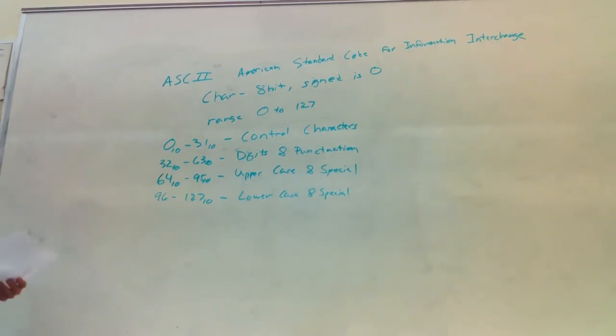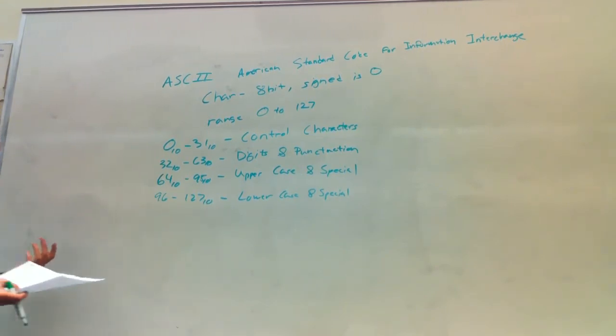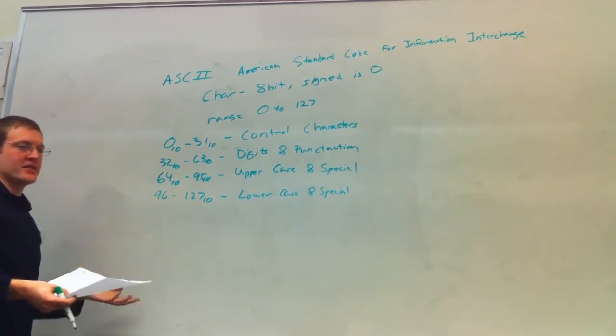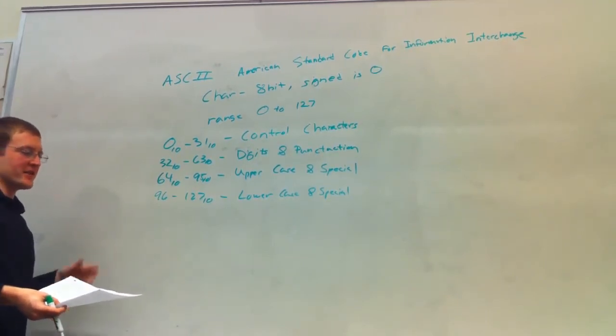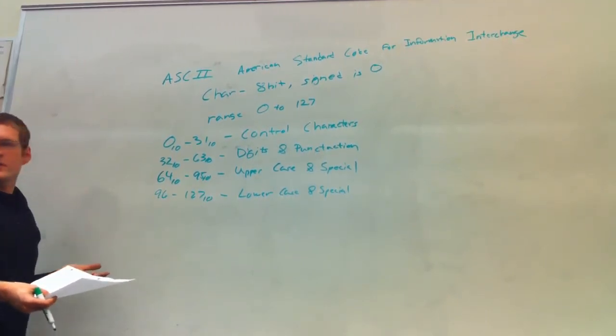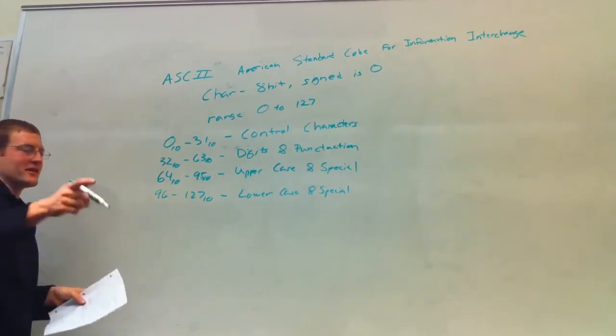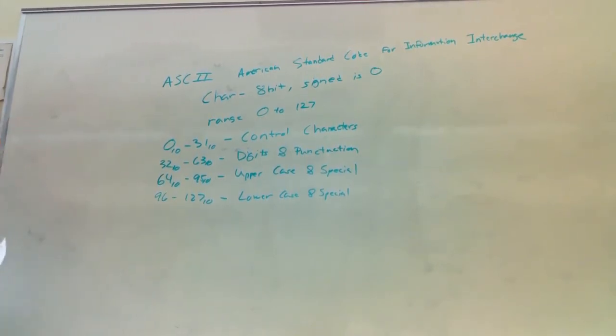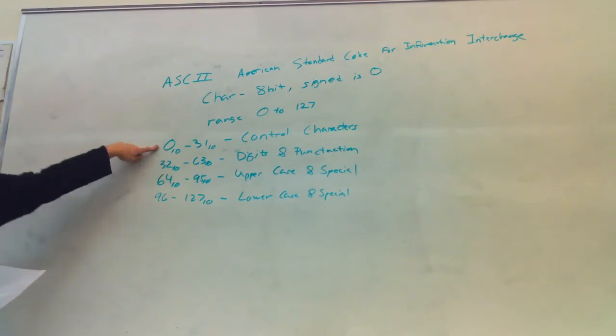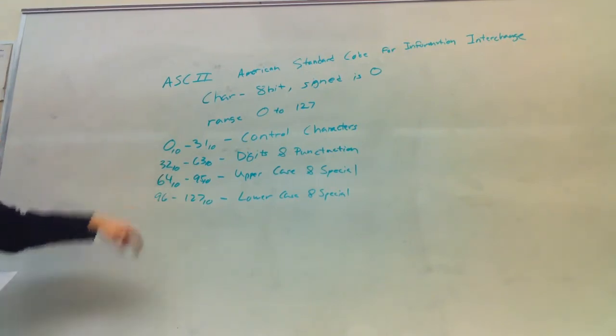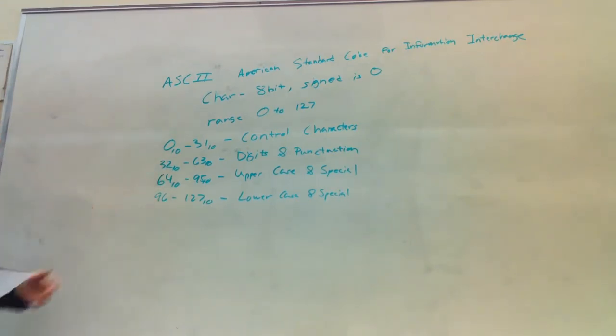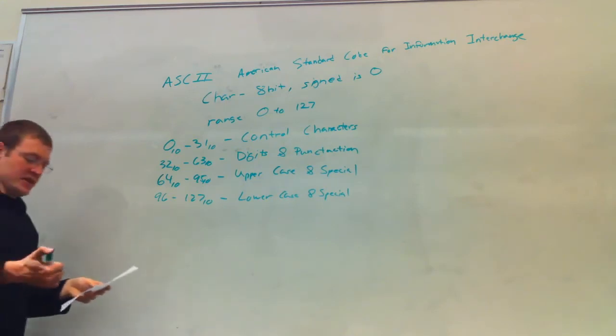Remember these groupings. If you open the book to the last page, you'll see the ASCII table. It's on the back cover side of the book. It shows the grouping just like this. So you see the first column is your control characters, next column is your digits and punctuation, and so forth, on the back of the book.